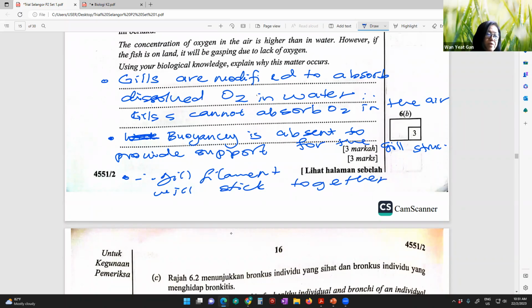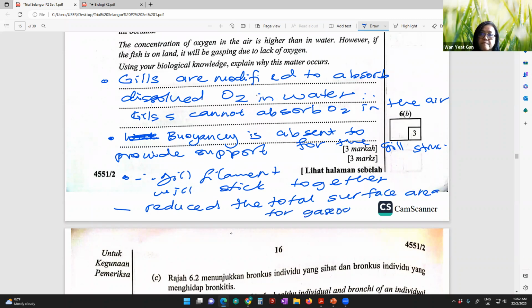And this will reduce the total surface area for gaseous exchange. Okay? So that is the answer why fish cannot live on land.